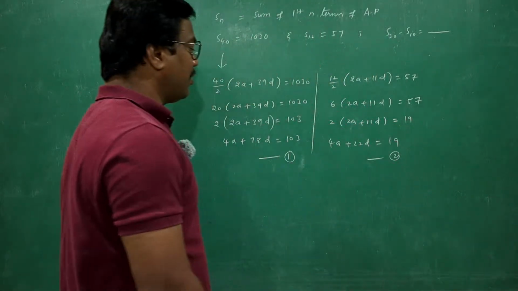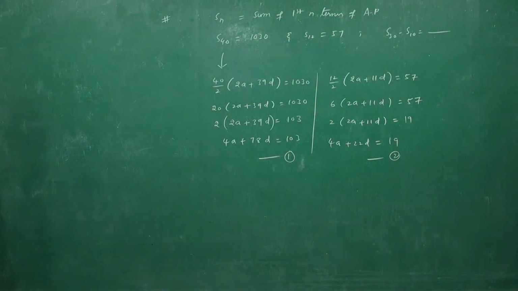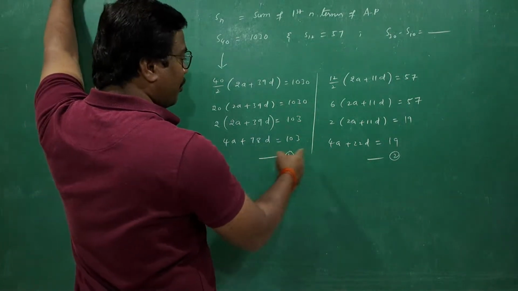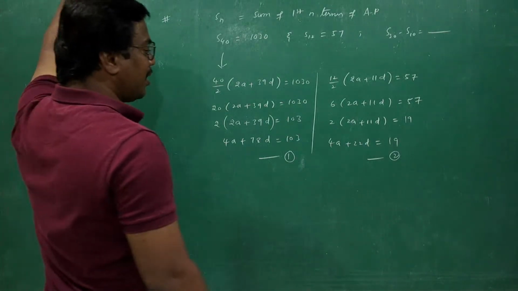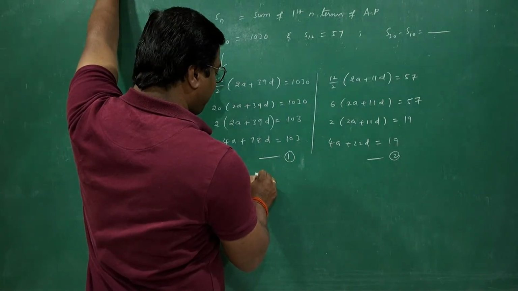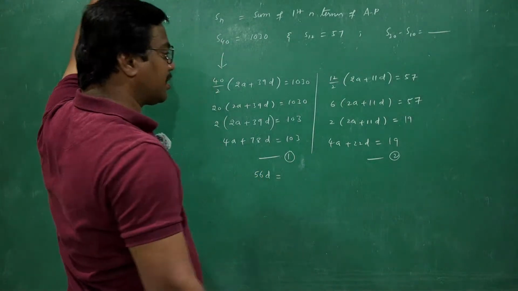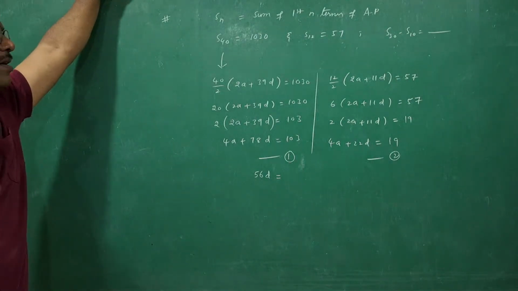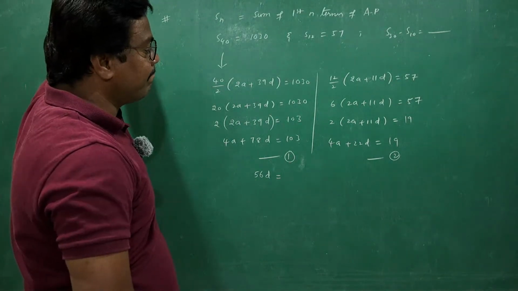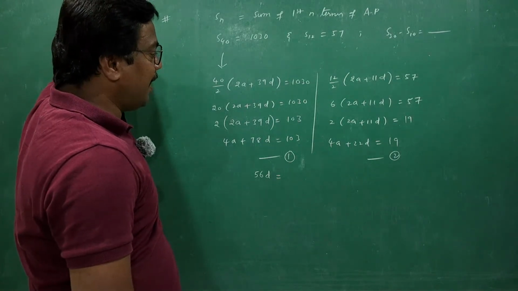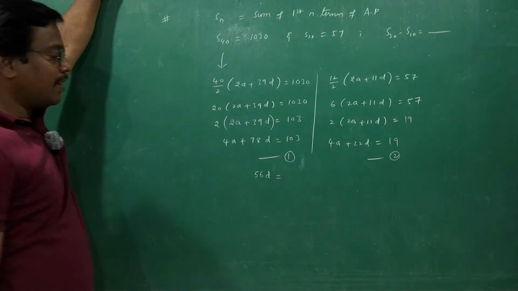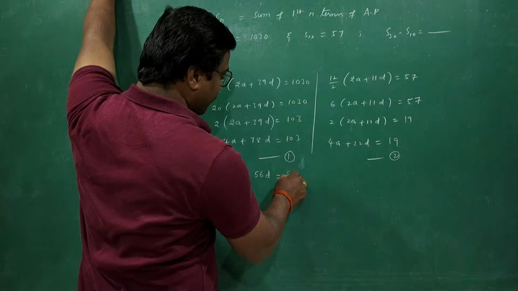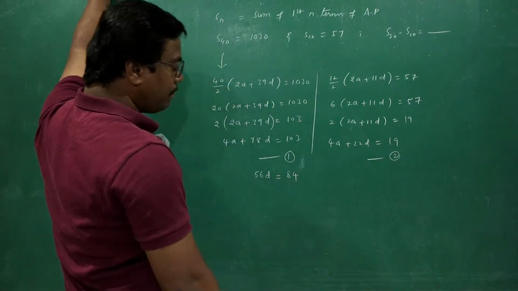Now, by solving 1 and 2, you will get the value of a as well as d. Yes, 4a gets cancelled. From 78d, if you remove 22d, you will get 56d. Next, 103 minus 19, that is 84.